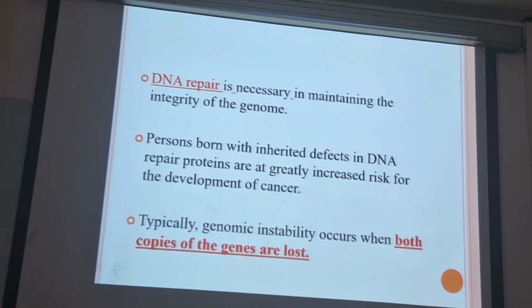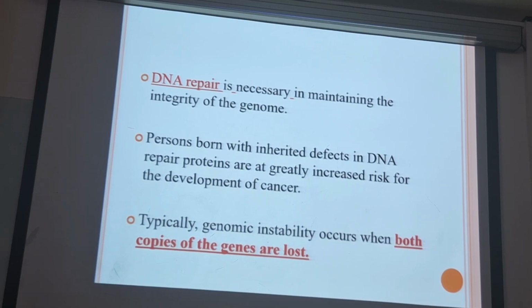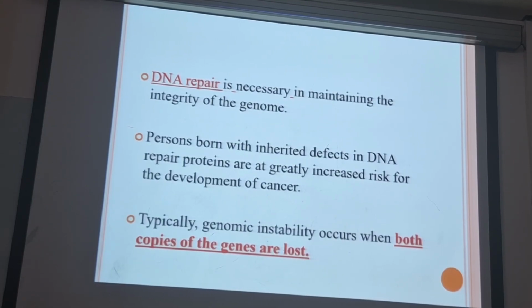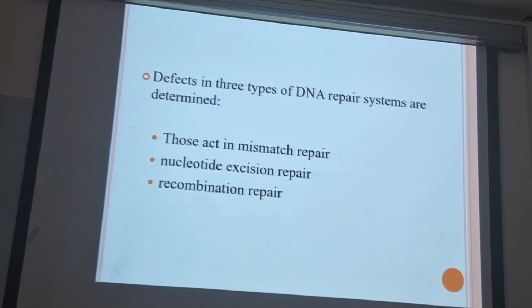Some persons born with inherited defects in DNA repair proteins are at greatly increased risk for development of cancer because they have damage in one allele, and sometimes by other damage, maybe the other allele is damaged again, and after that both copies are lost, and then we have malignancy.